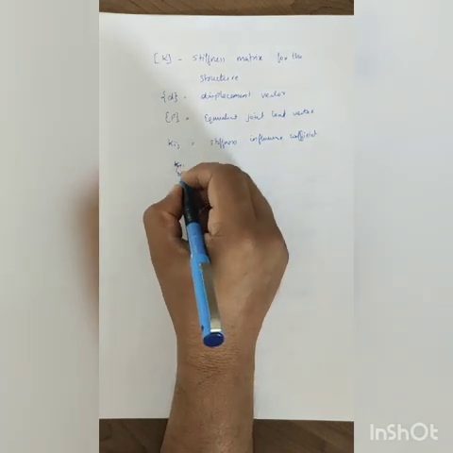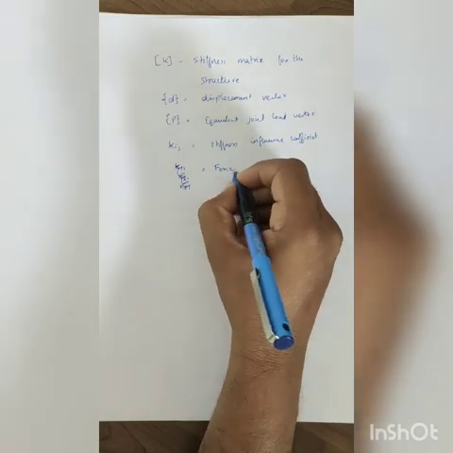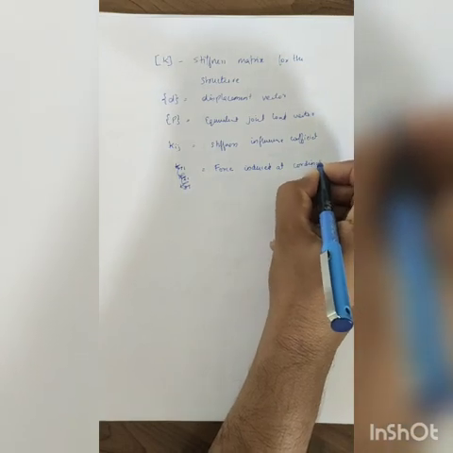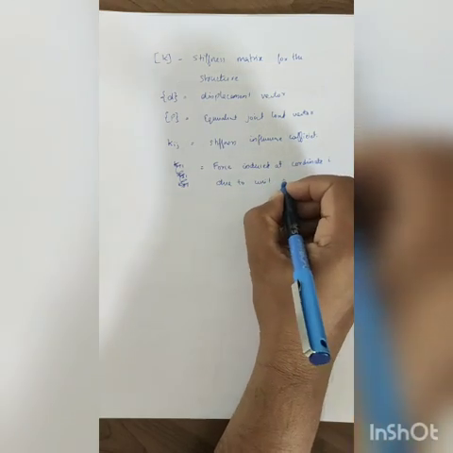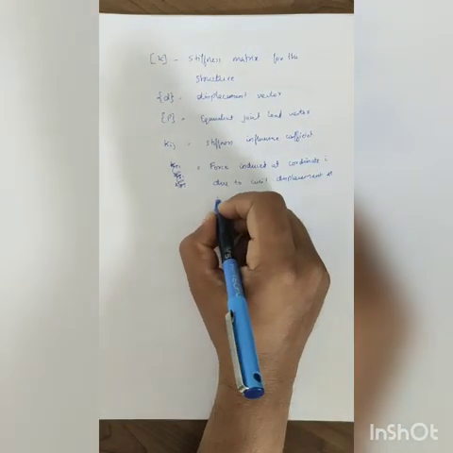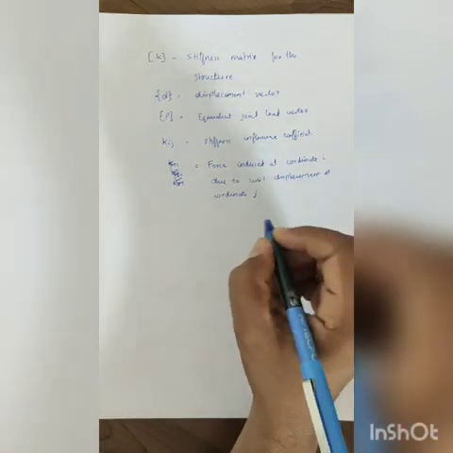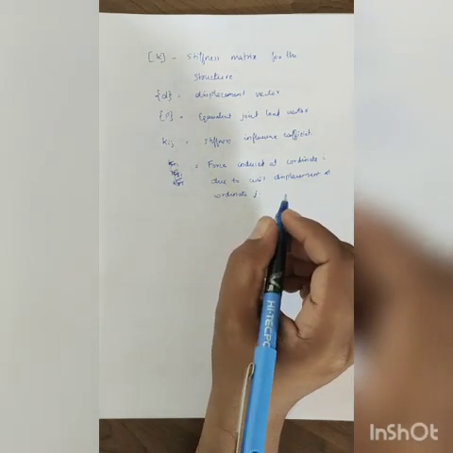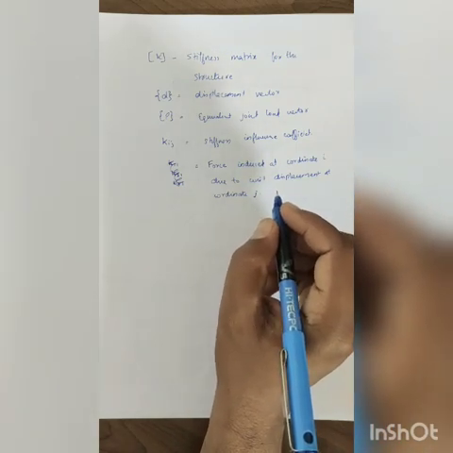It is referred to as the force induced at coordinate i due to unit displacement at coordinate j. We will explain this K_ij, the stiffness influence coefficient, in detail once we start with our physical approach.